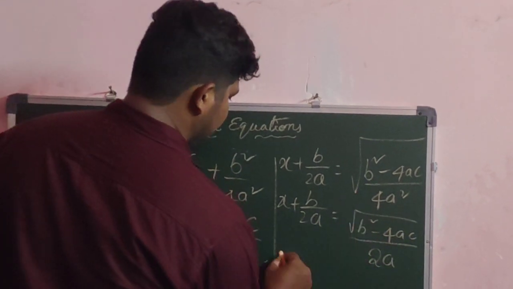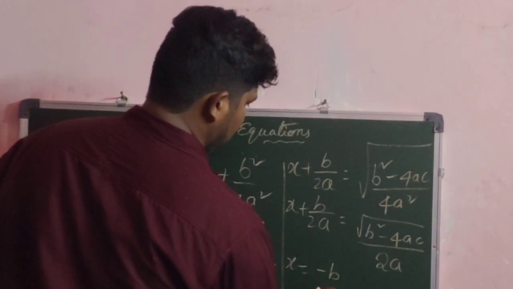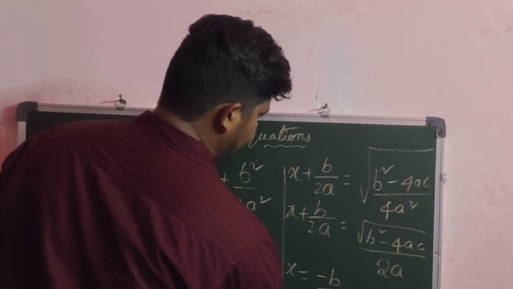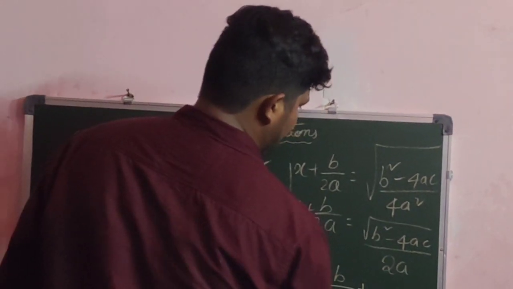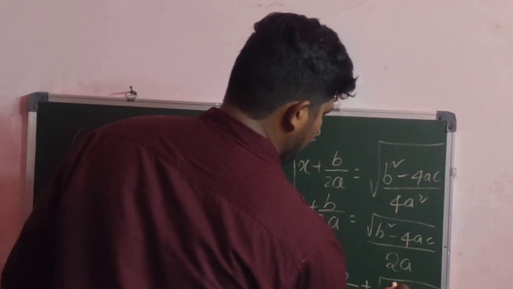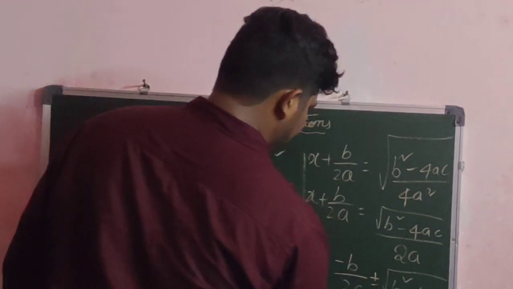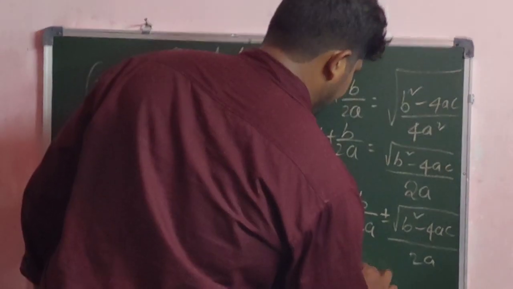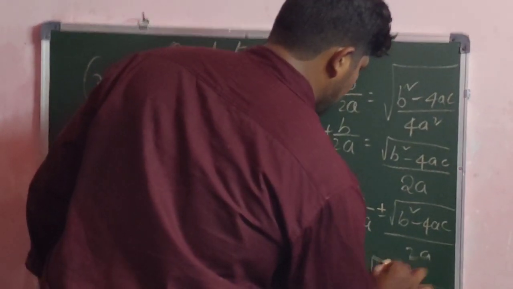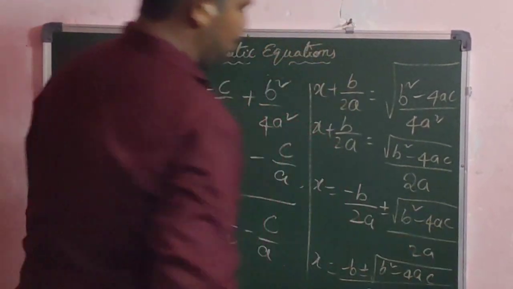So I will take this to the other side. x is equal to minus b by 2a plus or minus root of b square minus 4ac by 2a. So taking the LCM, it is minus b plus or minus root of b square minus 4ac, by 2a.